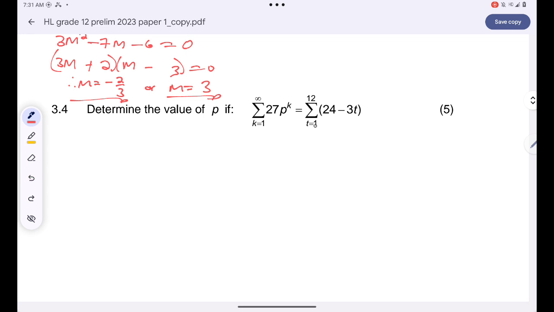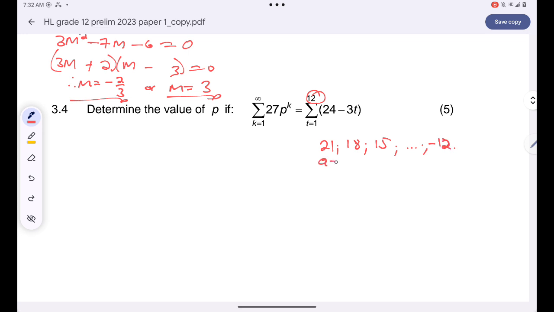If I substitute t as 1, I'll end up having 24 minus 3. My first term will be 21. My second term will be 18. Third term will be 15. And then for the last term, I'll substitute 12. I'll have 24 minus 3 times 12, and the answer is negative 12.